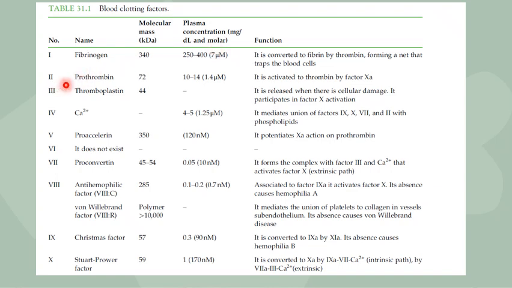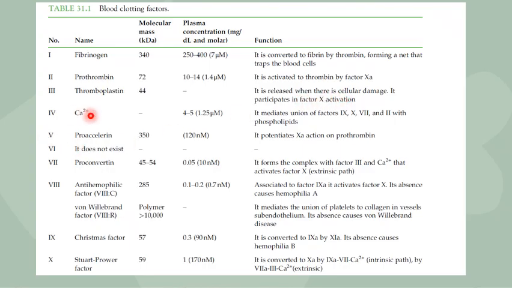The second factor is prothrombin. It is a 72 kilodalton protein. It is activated to thrombin by factor Xa. The third factor is thromboplastin. It is a 44 kilodalton protein. It is released when there is cellular damage.